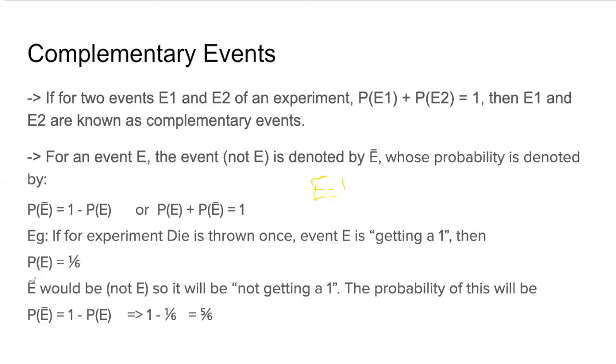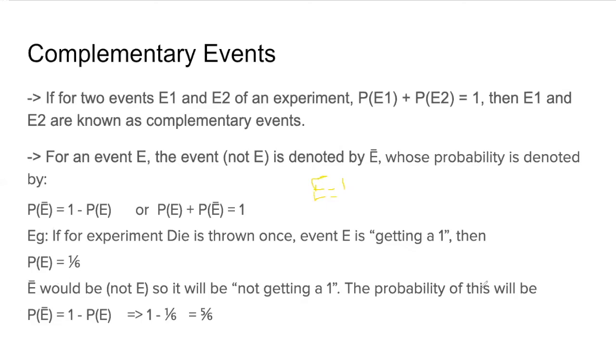Then E bar, that is the complementary event of E, would be what? Not E, right? So not E means not getting a 1. If the event is getting a 1, the complementary event would be not getting a 1.